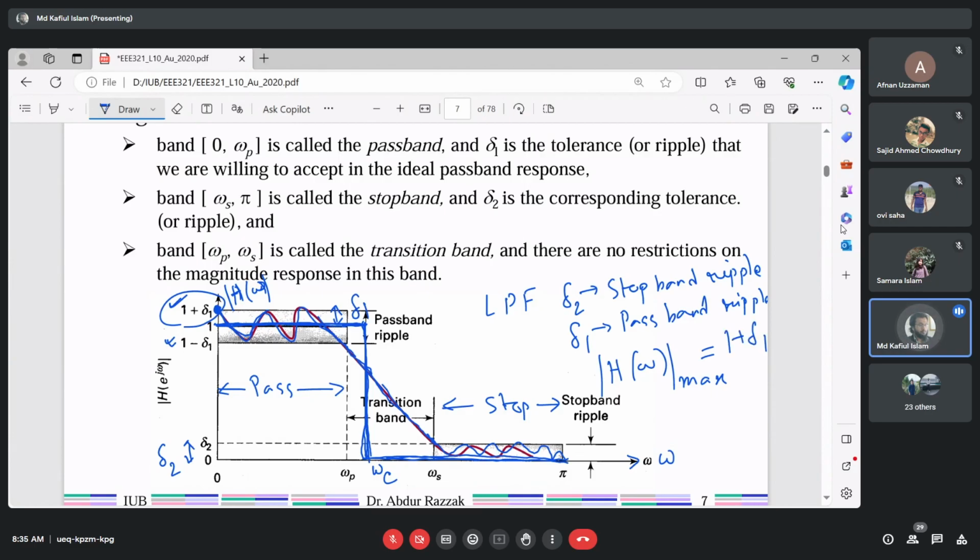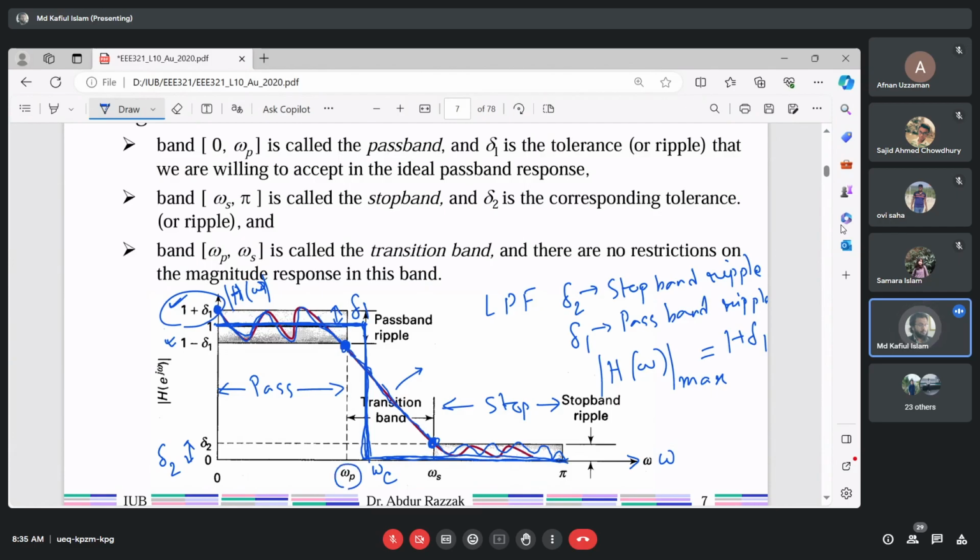We also see that there is a transition band. How is the transition band defined? The transition band is defined from when the frequency response starts decreasing from pass band to stop band. This is the start point and this is the end point. The start point is after you finish the pass band.